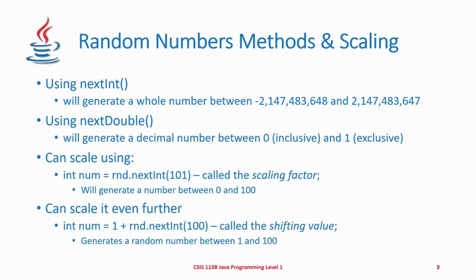In the last example, you can see that when we create the int num, we start out with the number 1 being added to the result of our random number, and notice the scaling factor there is 100. So technically now we're only going to get the values from 1 to 100.